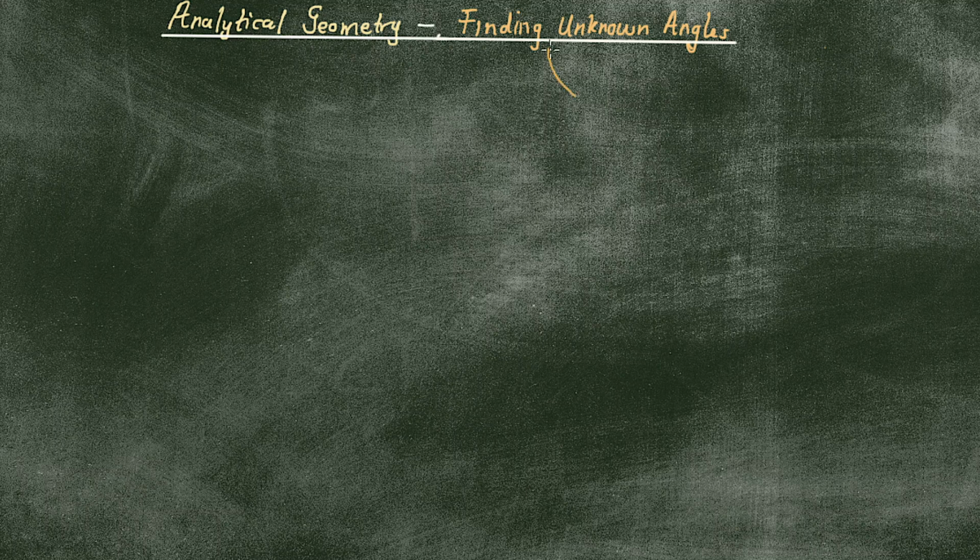It's this one, the angle of inclination. This angle we calculate as theta equal to arctan of the gradient of the line creating that angle of inclination.